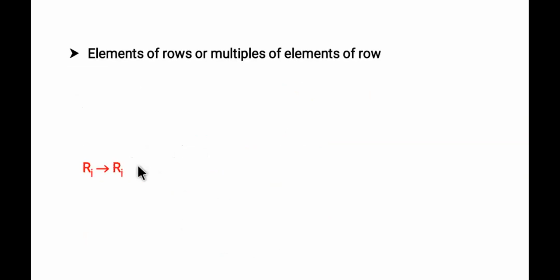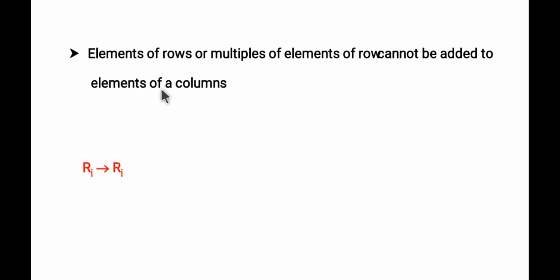Now the third important note is, elements of row or multiples of elements of row cannot be added to elements of a column. See, you want to change one of the rows, you cannot take the help of column in that case. As I have said before, if you're going through your row changes, you have to use rows only, you cannot use column.